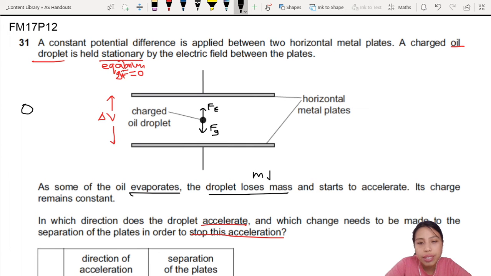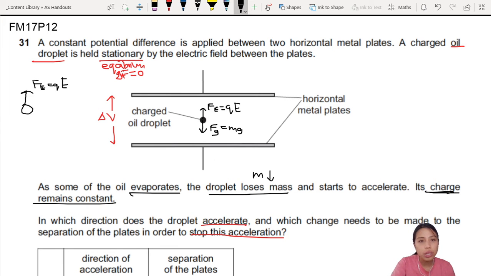So your mass is decreasing, which means the weight of this particle, this Fg, gravitational force, is going to decrease as well. Your electric force is still the same because it's Q times E. E is not changing, and the charge remains constant, they told us.